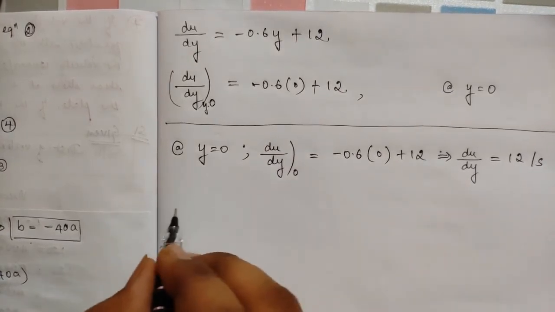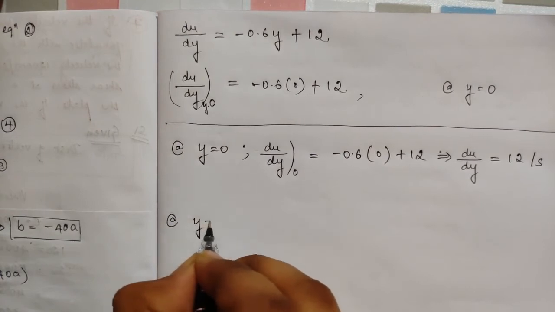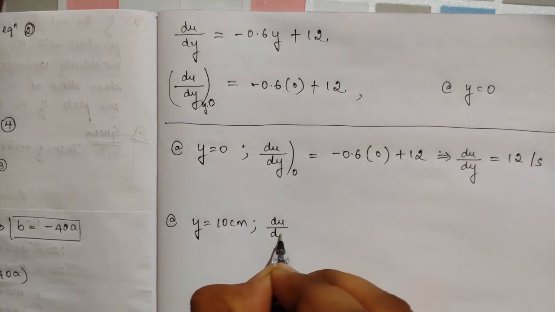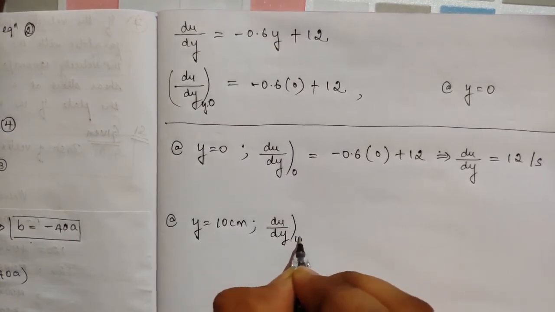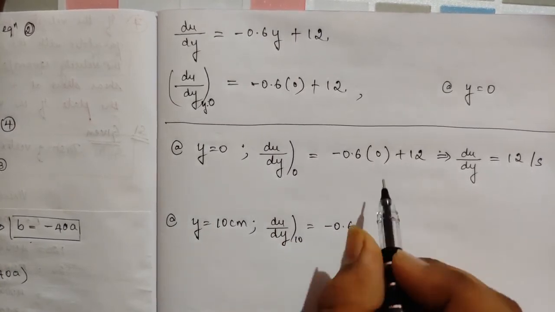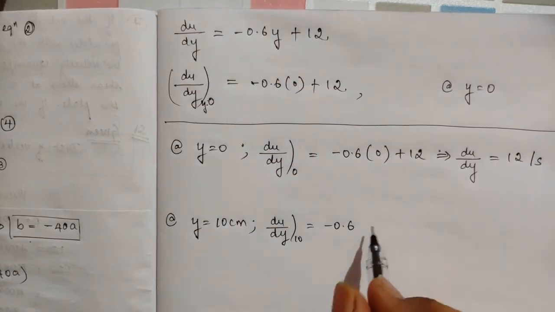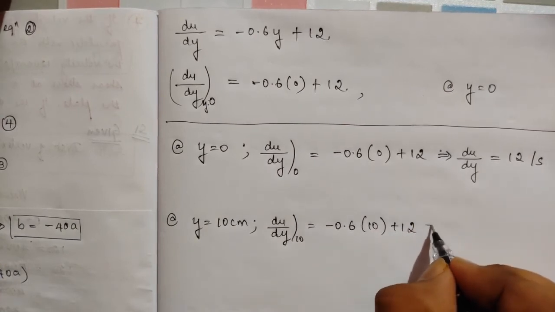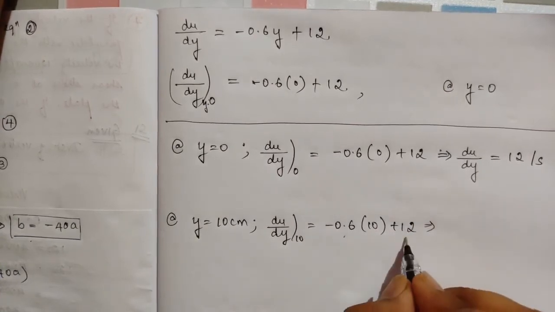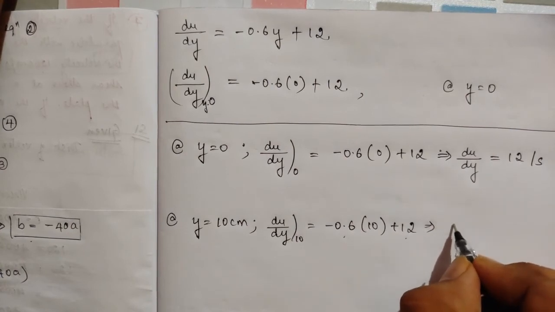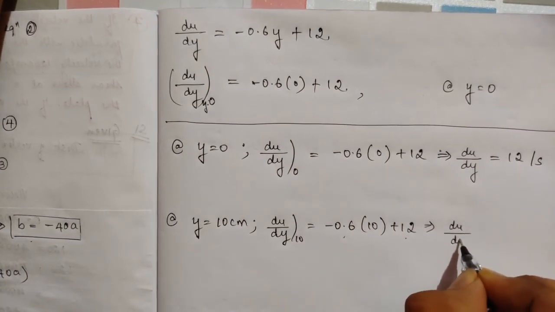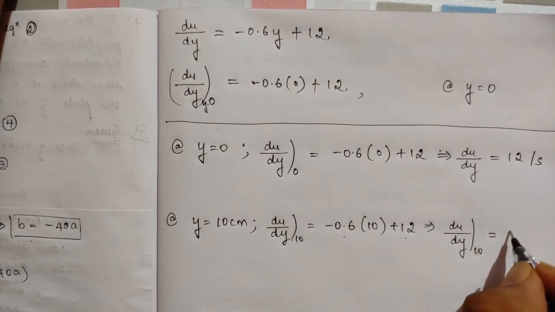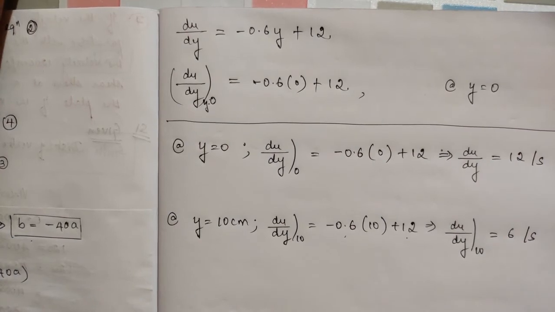Okay, now at y is equal to 10 centimeter, du by dy at 10 is equal to 0.6 into, at the place of y, what we have to put? 10, plus 12. It would be minus 6 plus 12, which is a positive value, so du by dy at 10 is 6 per second.